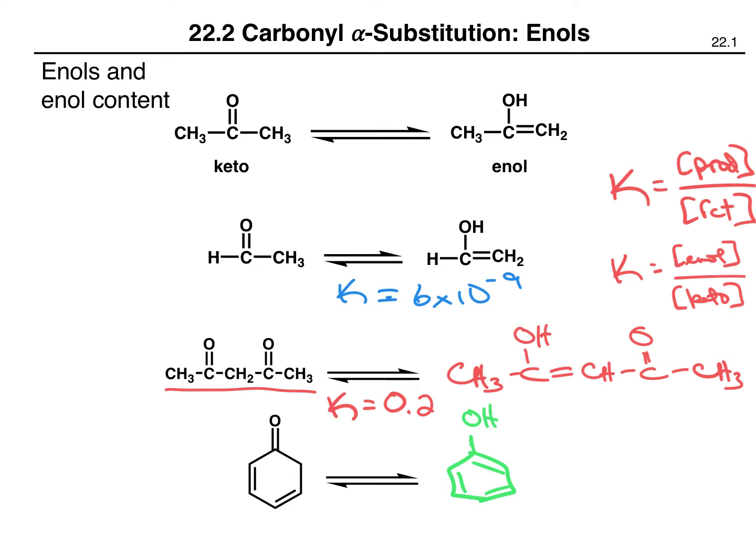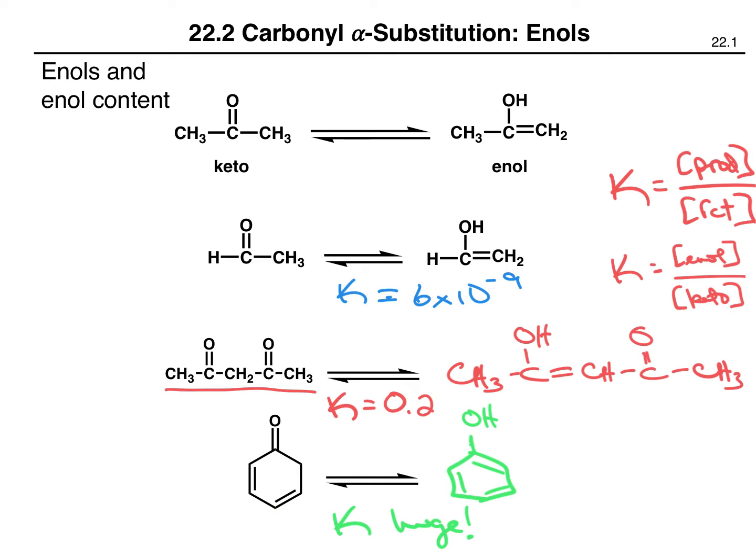For the next ketone, we can draw the enol form that looks like this. This is phenol, and we know that this is an aromatic compound. So in this case, K is huge. So essentially all of the compound exists as the enol form, and there's almost none of the keto form.